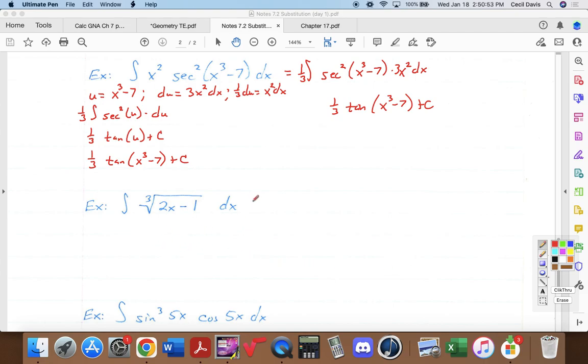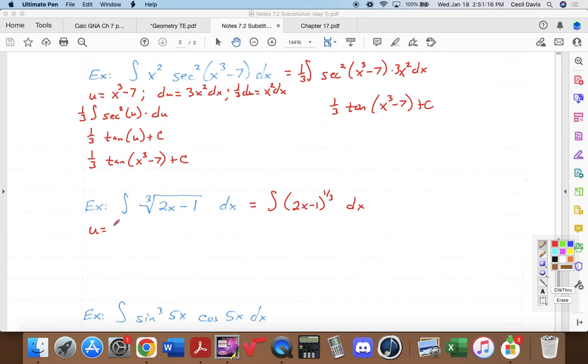All right, so again, first thing here, I'm going to rewrite this. I've got 2x minus 1 to the 1/3 power dx. I have a composite function. That makes me think, well, probably going to use something like a U substitution.